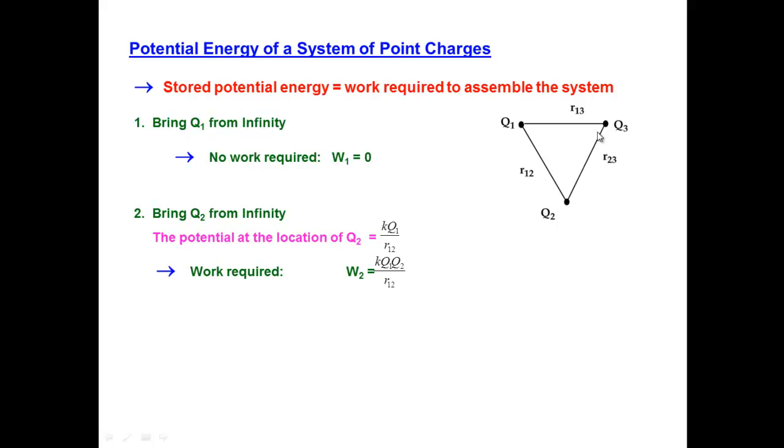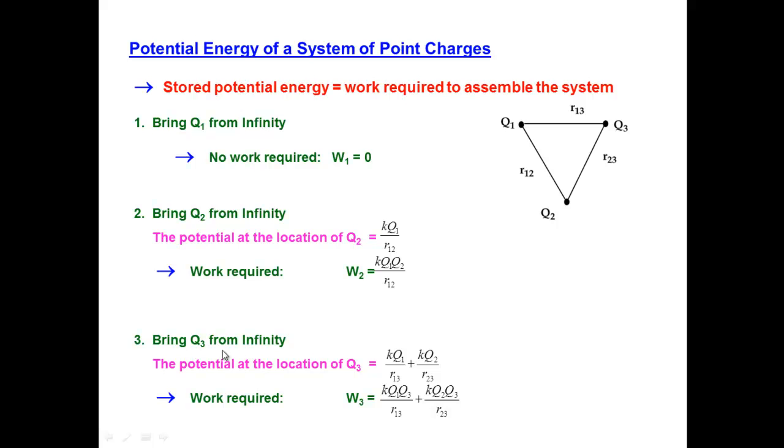All right, and now the last step is Q3. I now bring that in from infinity and put it in this final location shown in the diagram. So I bring Q3 in from infinity. The work I have to do is Q3 times the potential at that point. So I have to consider contributions to that potential from the 2 point charges that are already there.